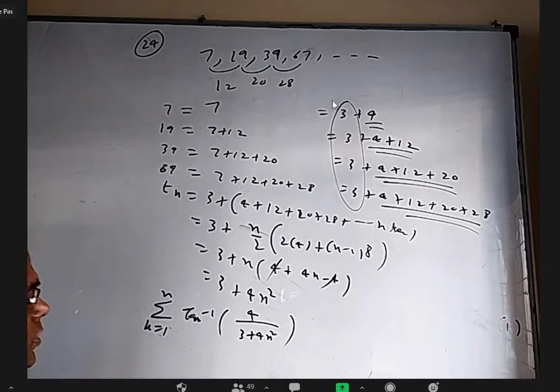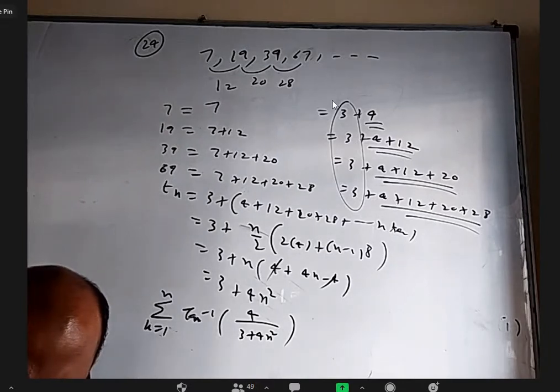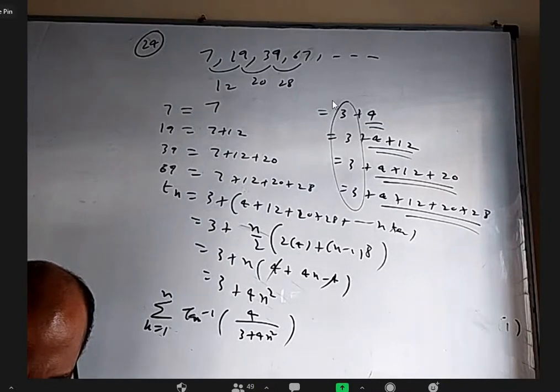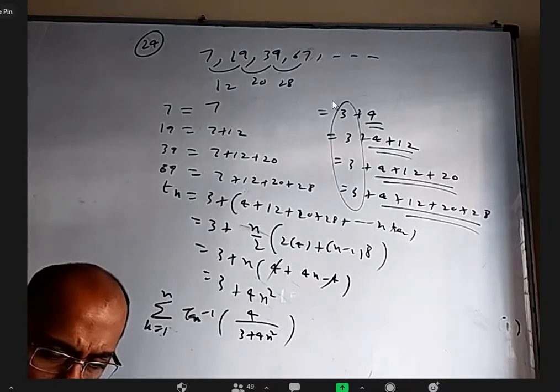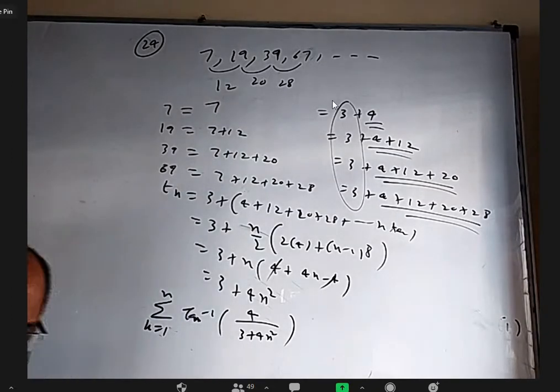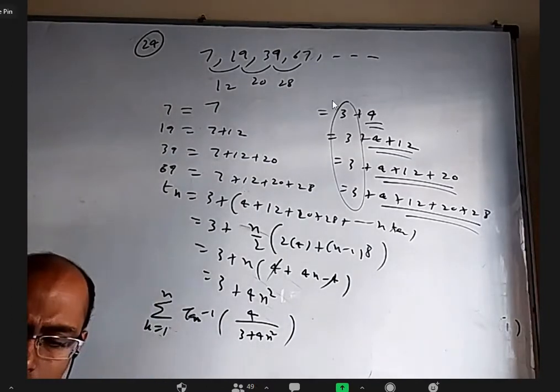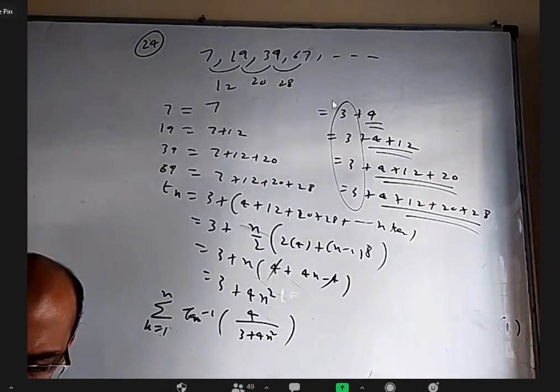So what did I miss? The answer is given in cot inverse. Okay, cot inverse I can write as tan inverse 1 by 3, not a big issue. But they gave plus pi by 4.